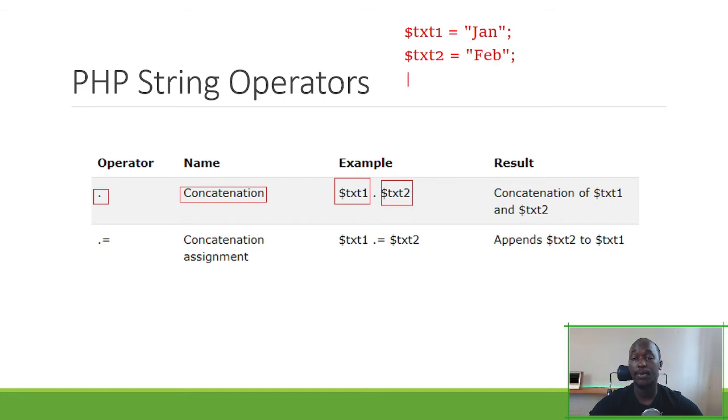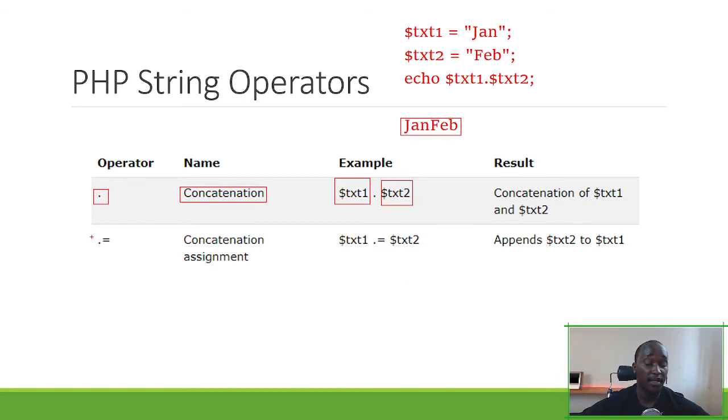If you do echo txt1 dot txt2, then the output is gonna be Jan Feb. So we're going to join them together like this. So that's what the dot operator is used for.